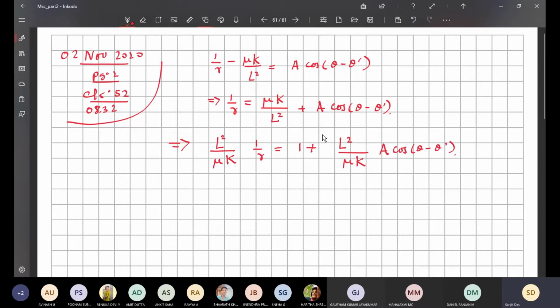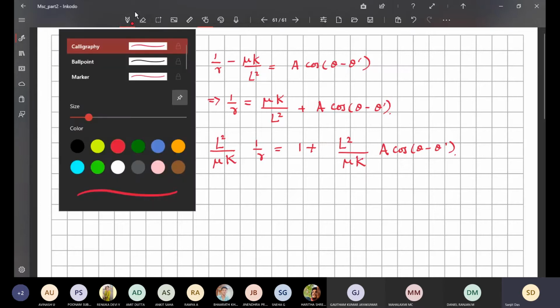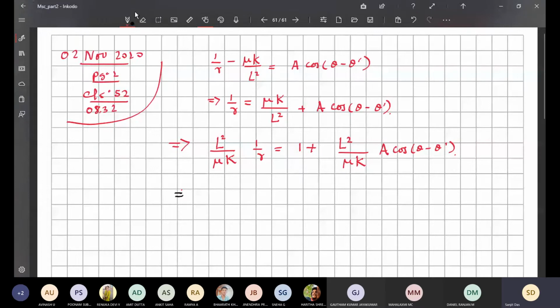So this L square by mu K, I can call by another name. Can you guess from the conic section what I should call this term? Epsilon. L squared by mu K times A should be epsilon.